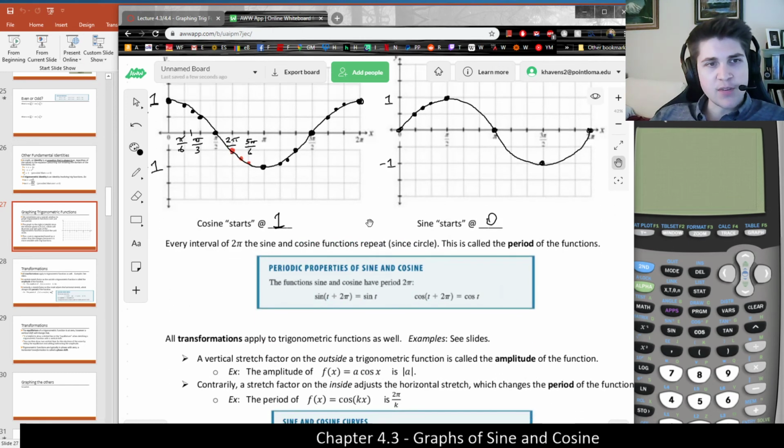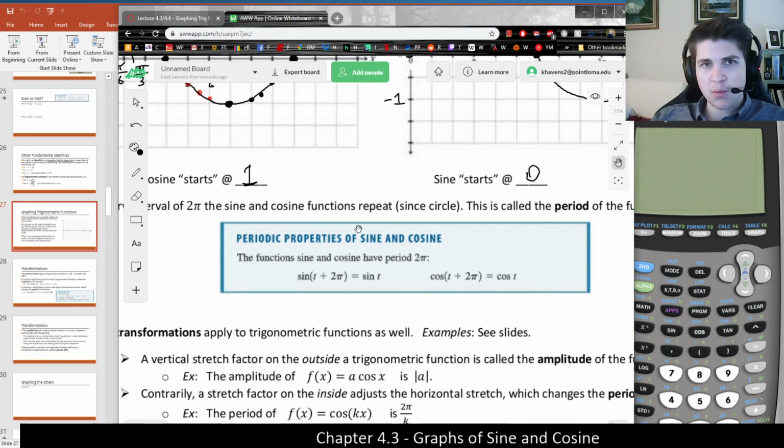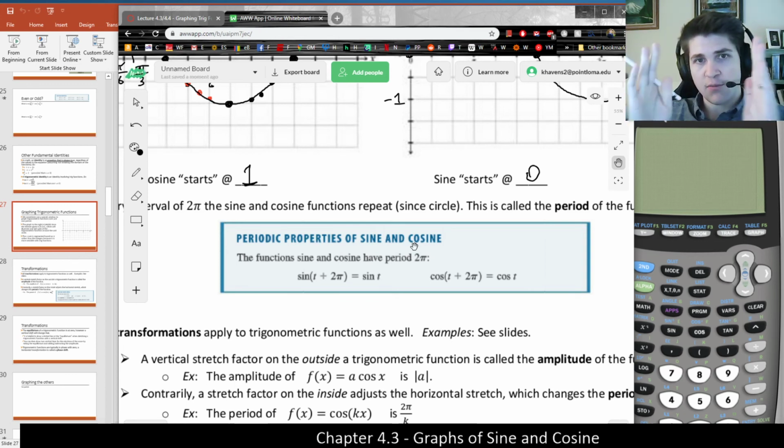And the last thing for this video is what we refer to as the periodic nature of sine and cosine. This is something that we discussed when we talked about coterminal points. Just to summarize, the period of sine and cosine is often referred to as the baseline period because you can change this by doing a horizontal stretch. Like if we compress the graph or stretch it this way, it will change that period.